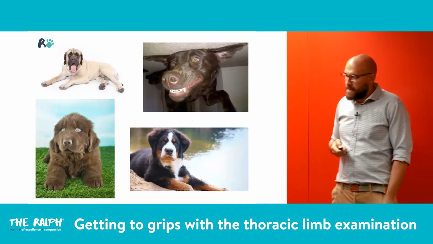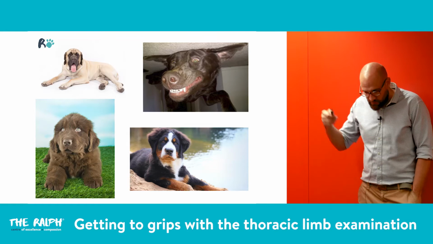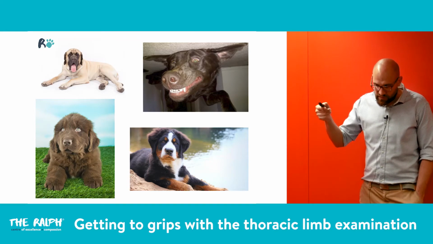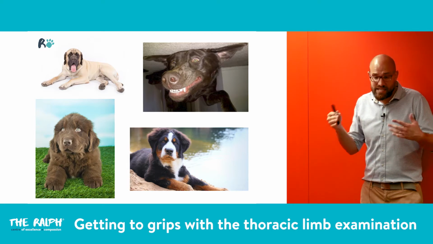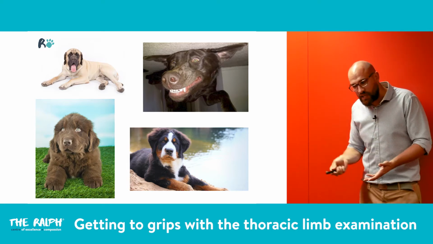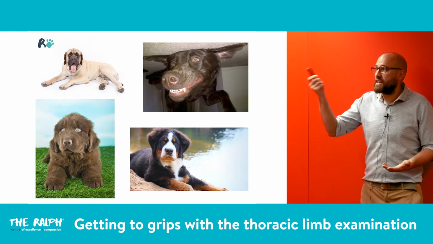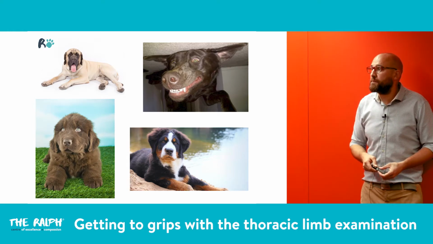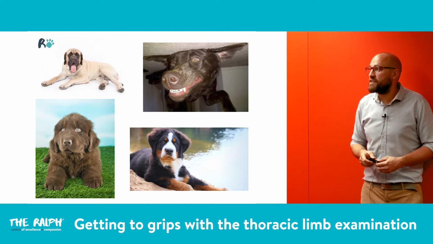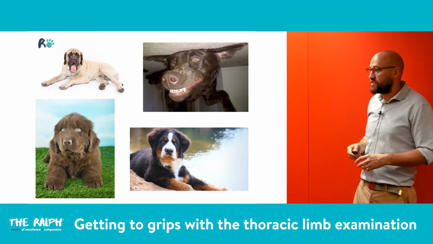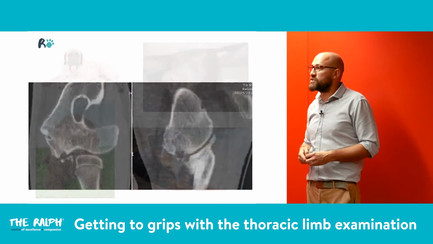And again, like we said earlier for the German Shepherd and the ununited anconeal process, if you see a young, large breed dog coming in with pain on elbow manipulation, you know that that's one of the things you need to watch out for.